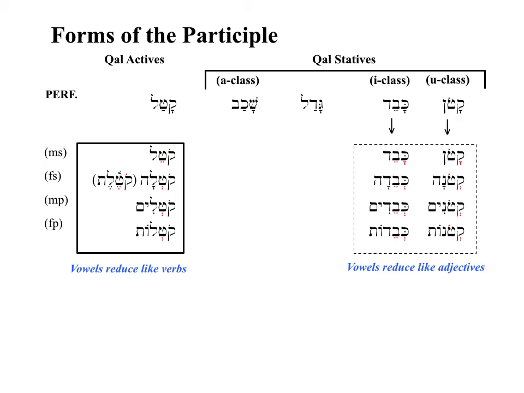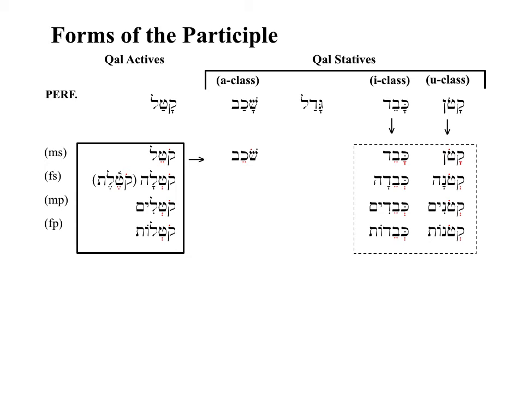Now you'll notice that the statives also have A-class verbs, shakav and gadal. These are kind of in a mixed world. They look exactly like the active verb, and so as a result, some stative participles will be formed exactly like the active.